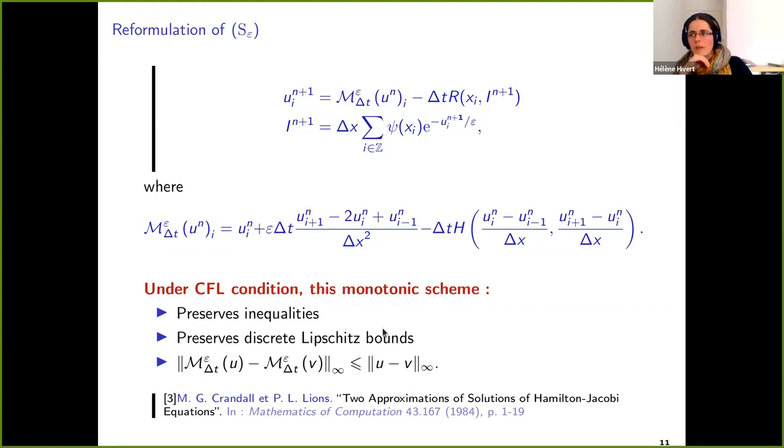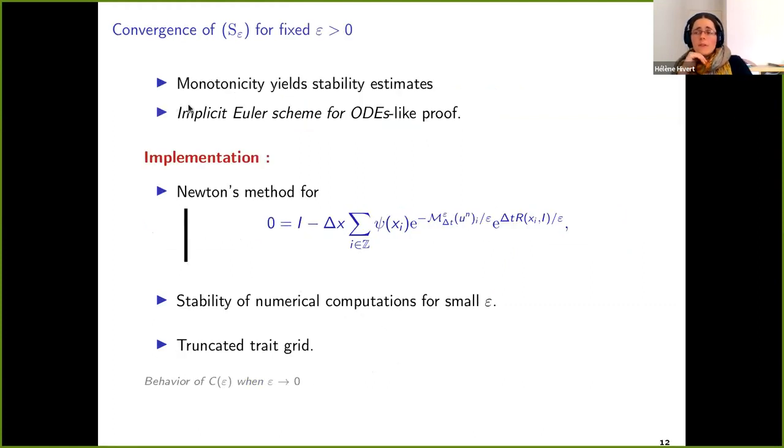Okay. Well, these monotonicity arguments give stability estimates, and once you have stability and consistency, it's not immediate that the scheme is convergent. That is only true for linear schemes, but you can adapt the proof, in fact, of the convergence of the implicit Euler schemes for ODEs, and prove that the scheme converges. Okay, but the important argument here is the monotonicity of the scheme.